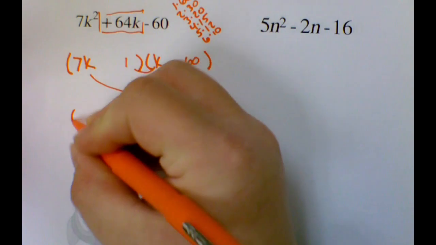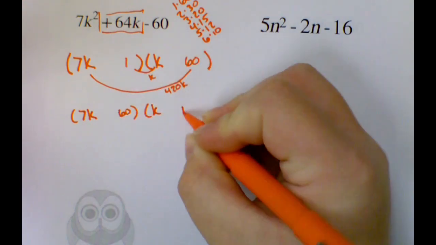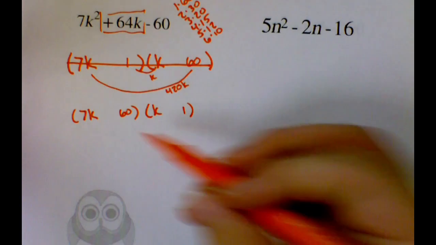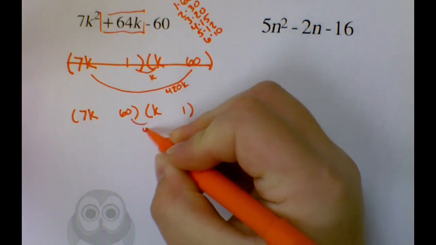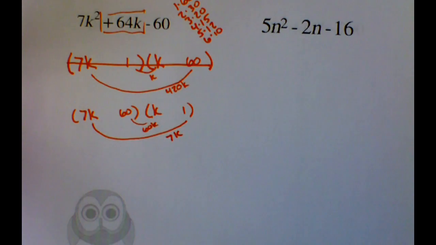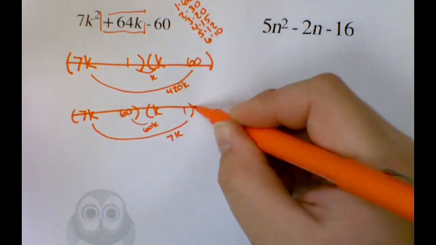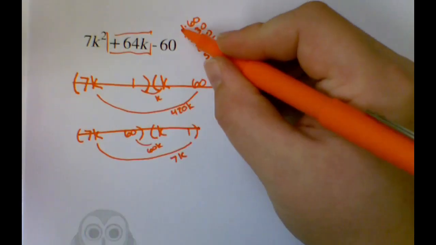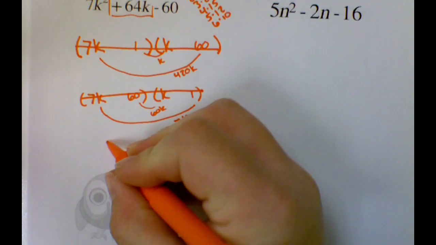But anytime you're guessing and checking, make sure you flip-flop it. Make sure you flip-flop where those 60 and the 1 go. Here I get 60k and 7k. Ooh, that's close to 64, but it's 67. That's not my right answer. So that means I ruled out 1 and 60. So I just have to keep trying.